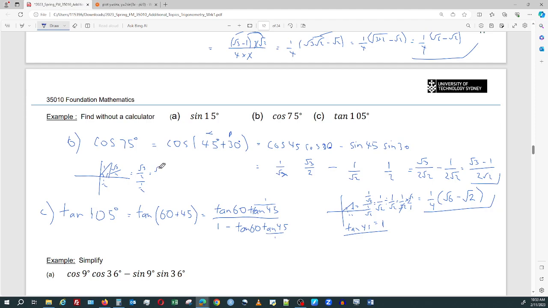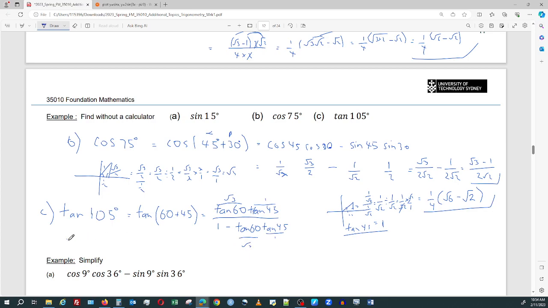Root 3 over 2 divided by 1/2, which is root 3 divided by 2 times, flip it, 2 over 1. Cancelling, root 3 over 1, root 3. So everywhere we see a tan 60, put a root 3. Really? Is that easy? Yep.